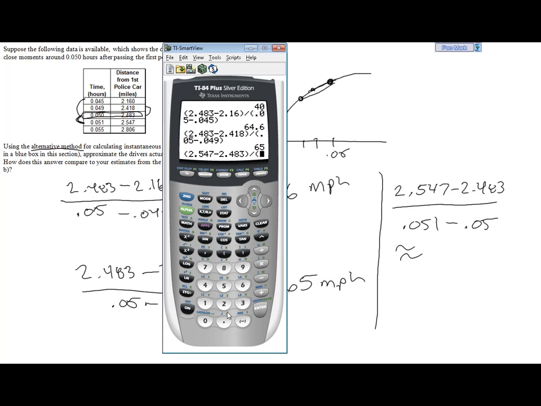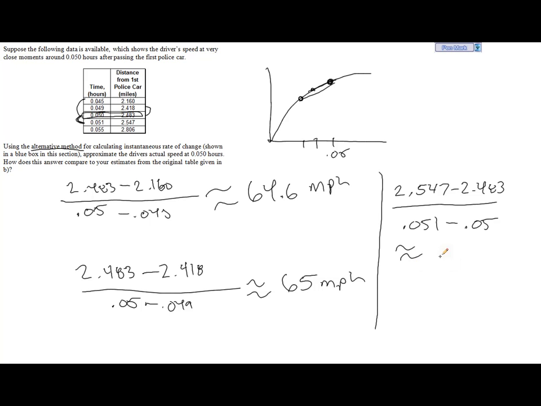Divide that by 0.01, which is actually the difference between 0.051 and 0.05, and that gives us, I think I might have made a mistake here. I think it should be 0.001. I think that's our problem.